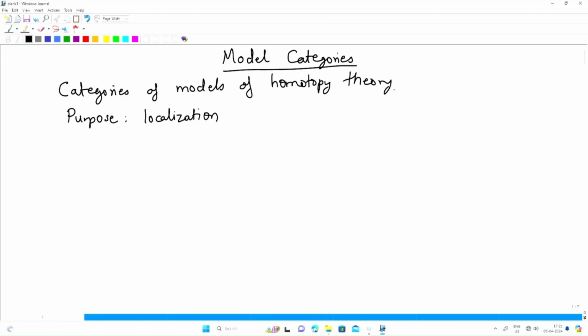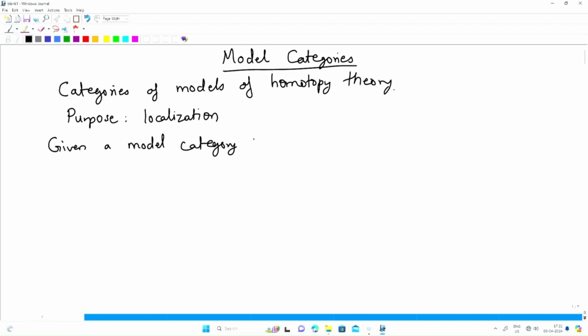And given a category C, given a model category C, once again, let me remind you, model category means the category of models of homotopy theory.